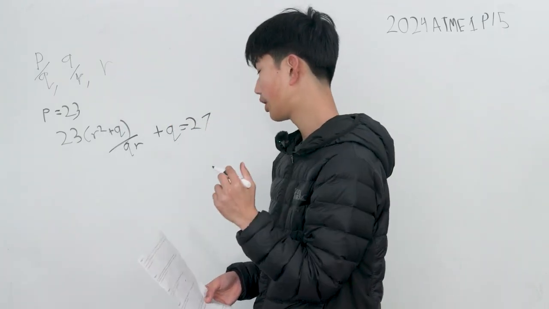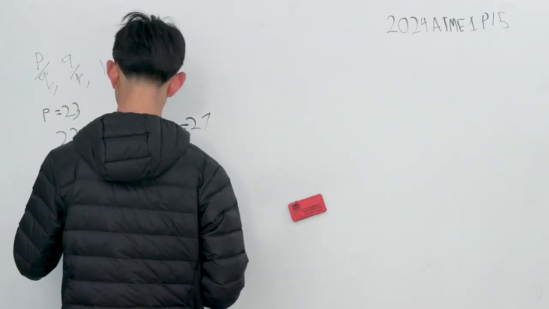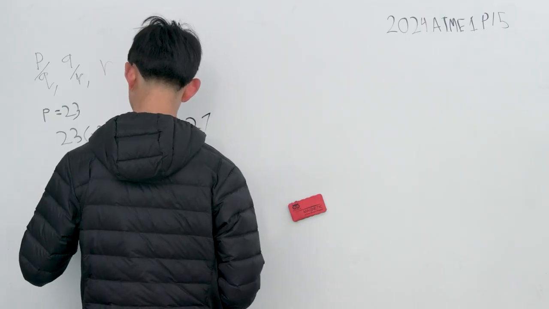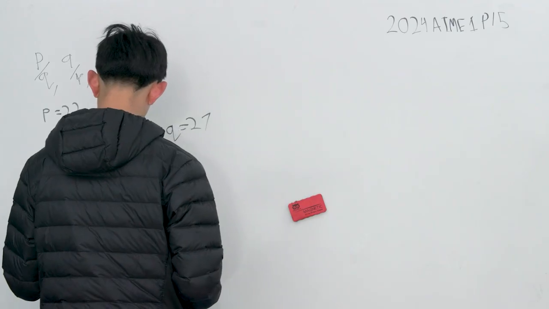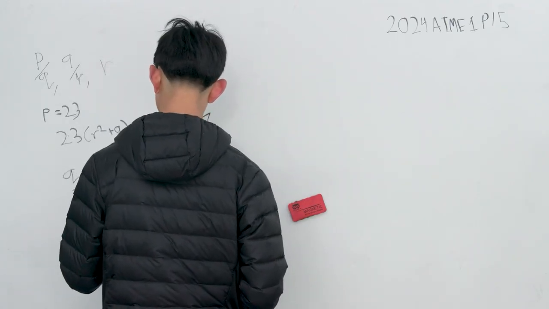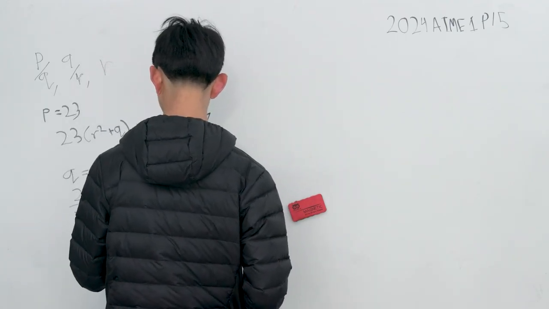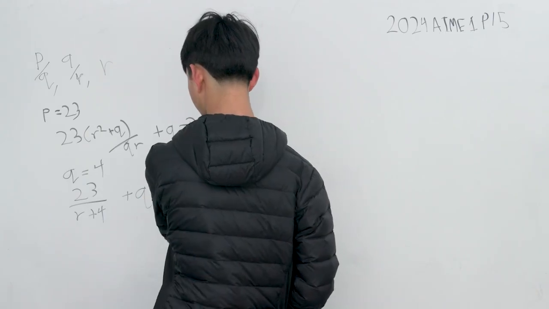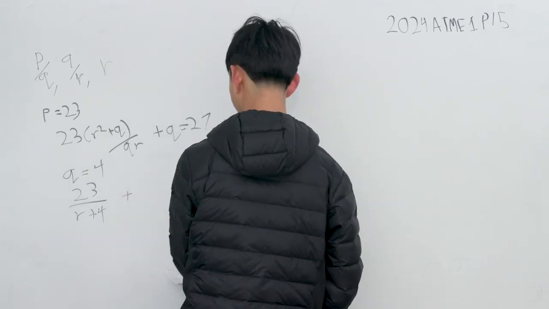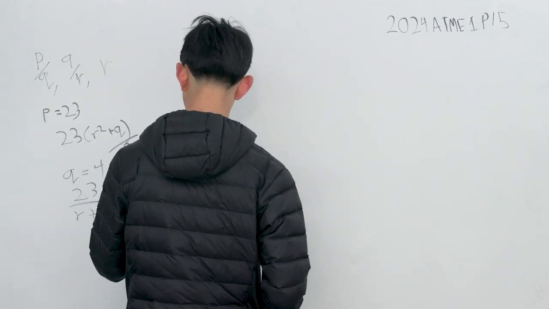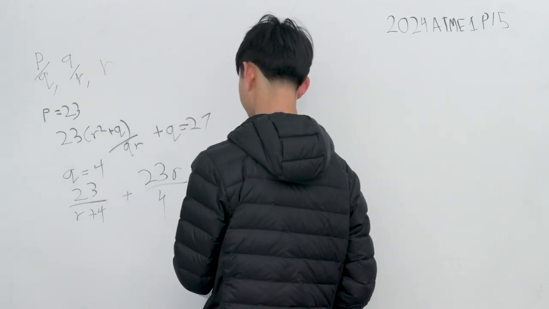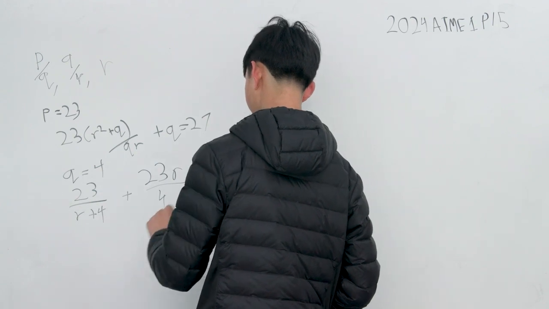From this, we get that Q is equal to 4. Oh, and no, it's not Q, because we have a value for Q, and that's 4. So we have 23R over 4 is equal to 27.